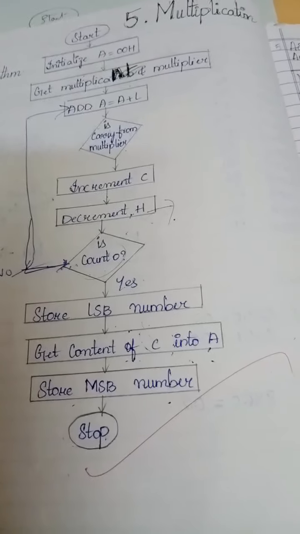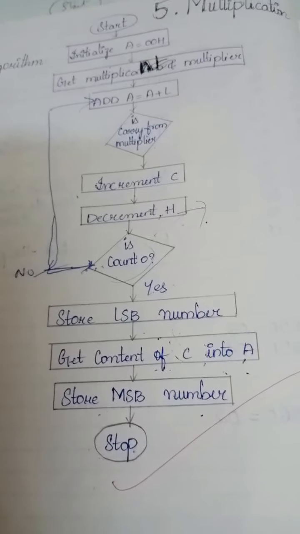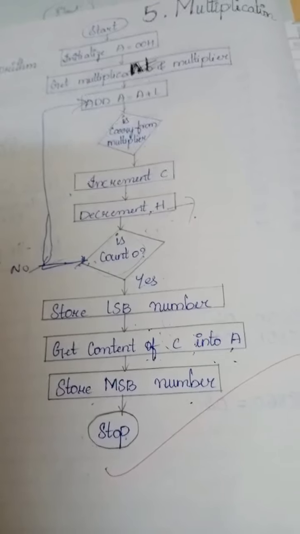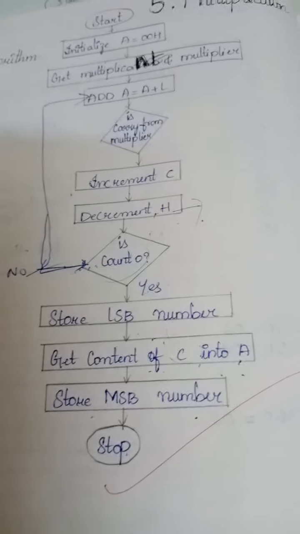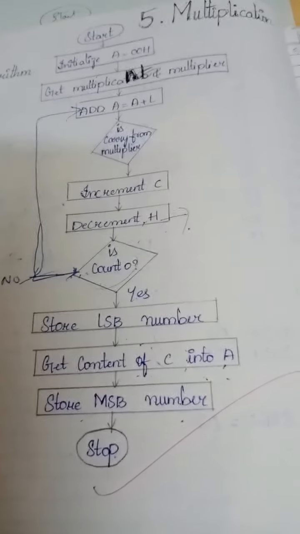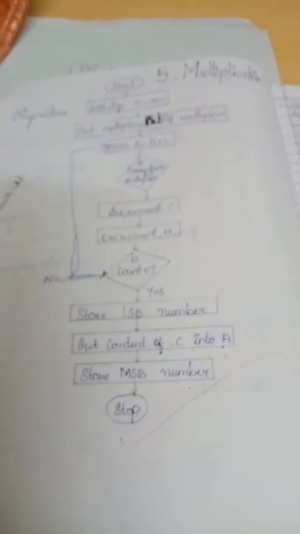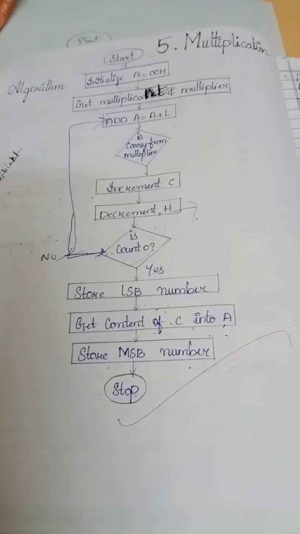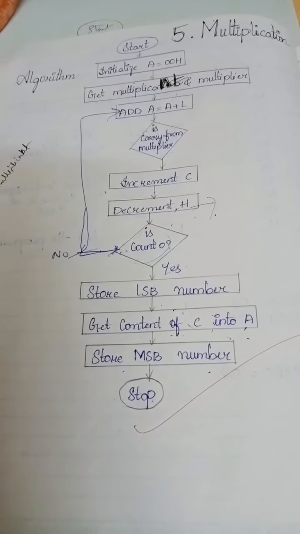As soon as the count becomes 0, you will store the LSB result in one particular place, and you will move the carry from C register to A, because A can only contact the memory location. Then you will store the MSB number in one memory location. Then finally you have to stop the program.